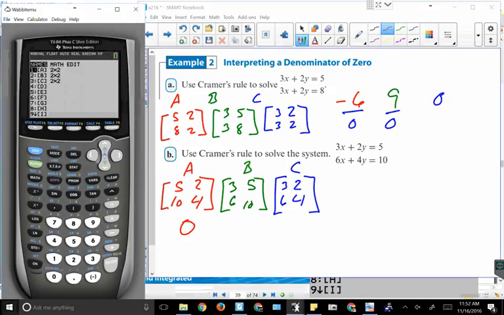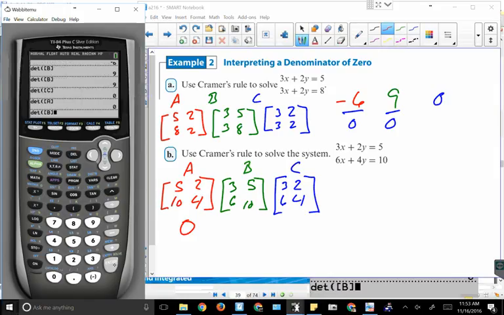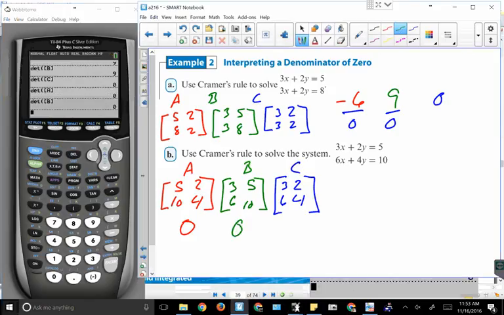Second matrix, determinant, 0. What do I get for C when you do that one? 0. So, they're all zeros. These two lines are multiples of each other. In other words, these are exactly the same line. There is going to be an infinite number of solutions.